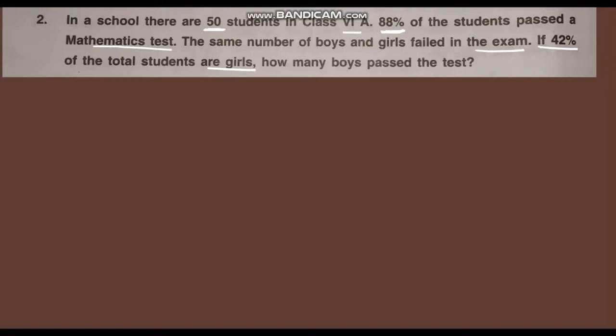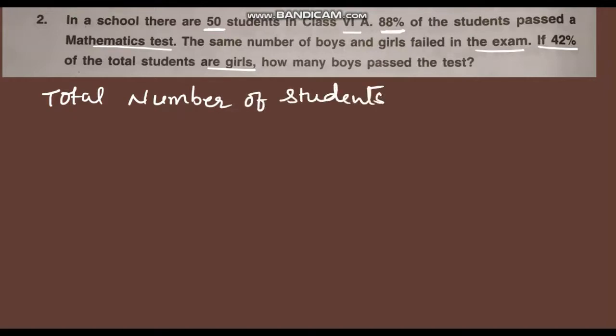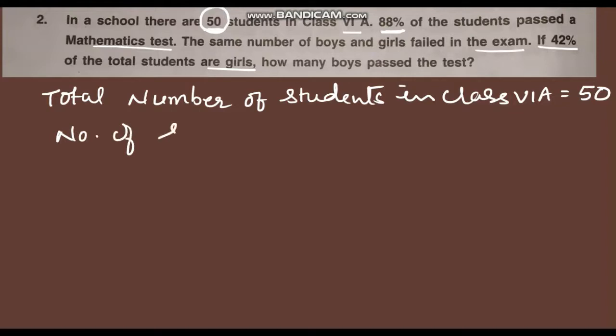See children, it's not very difficult. First, let us jot down what is given. So, total number of students in class 6A equal to 50. This is what given here. Okay. So, number of students passed will be equal to, see, 88% of the students.